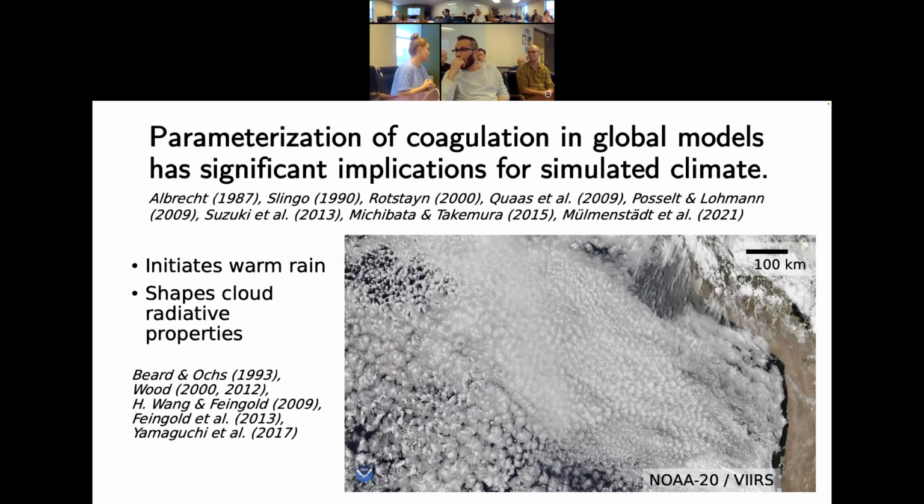How we parameterize this coagulation process in these global models is important because it initiates warm rain and also shapes cloud radiative properties, which has important consequences for planetary albedo.